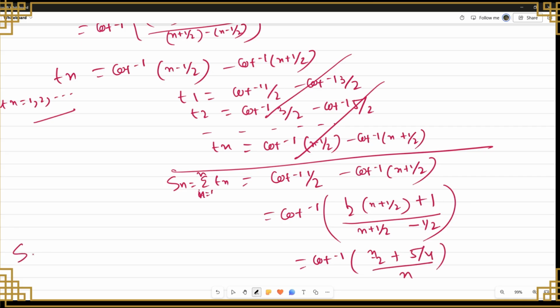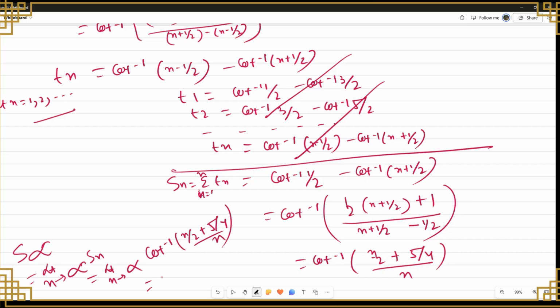But what you need is infinity, which is nothing but n tending to infinity of Sn. Sn is what? Cot inverse of n by 2 divided by n.